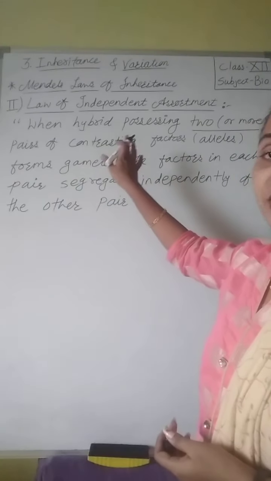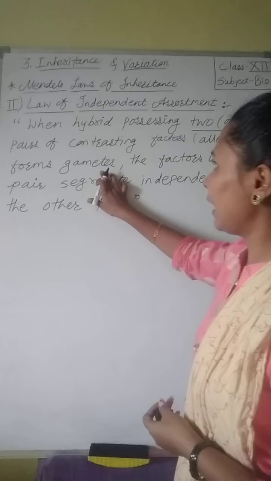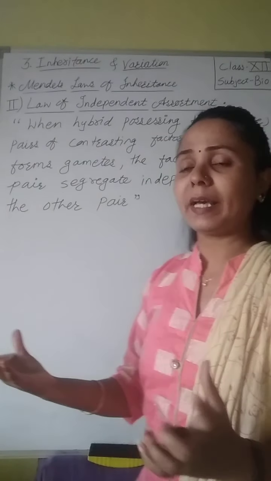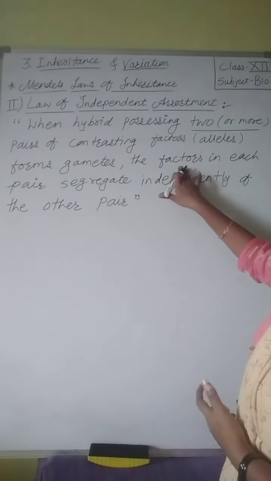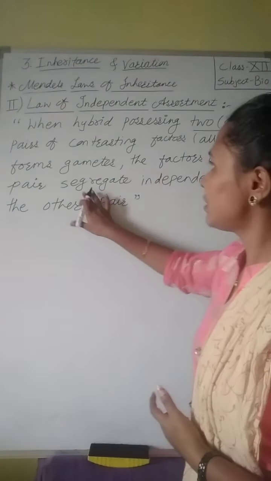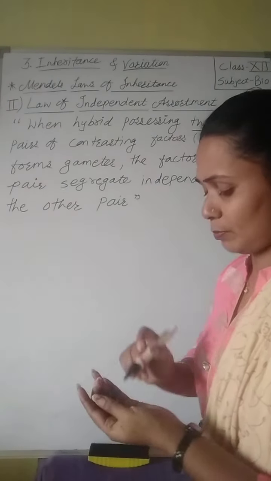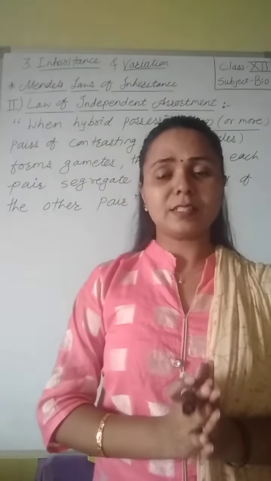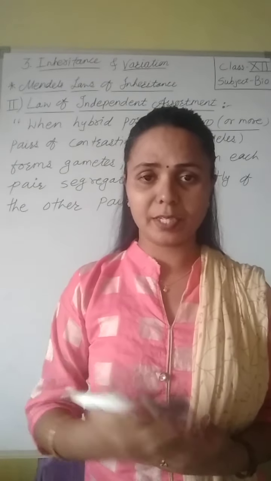these are the important words. Contrasting factors form gametes. So two or more characters are combining and forming the gametes. Then the factors in each pair segregate independently of the other pairs, meaning each factor or each allele segregates separately and does not influence the other character.